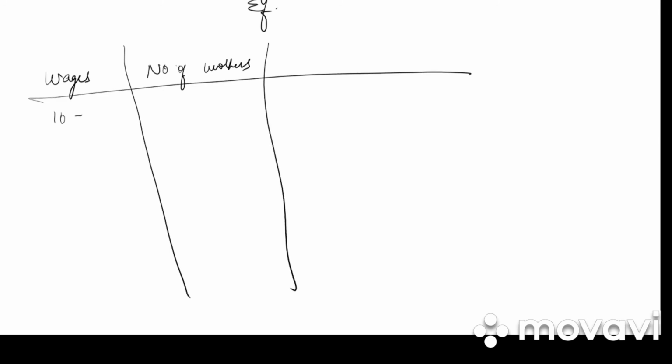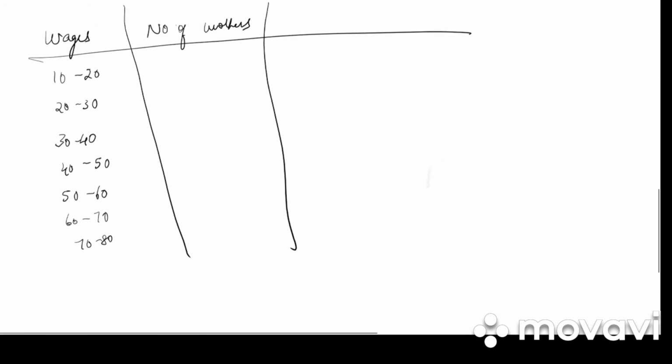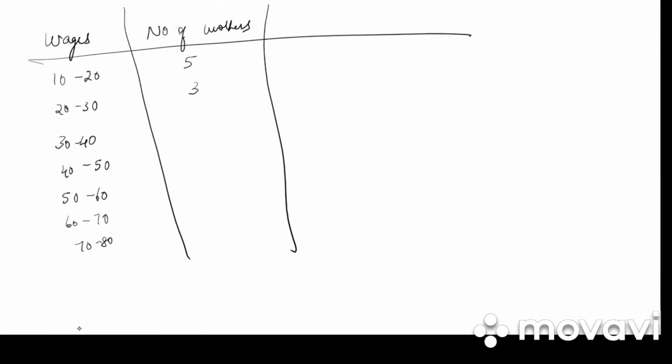Under wages we have 10 to 20, 20 to 30, 30 to 40, 40 to 50, 50 to 60, 60 to 70 and 70 to 80. The frequencies are 5, 3, 4, question mark for 40 to 50, 2, 6 and 13.